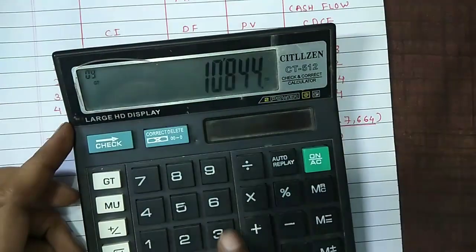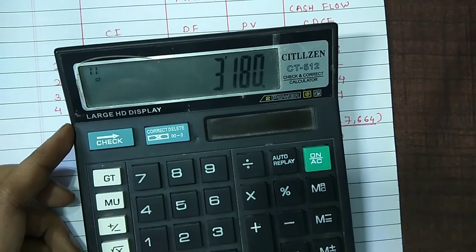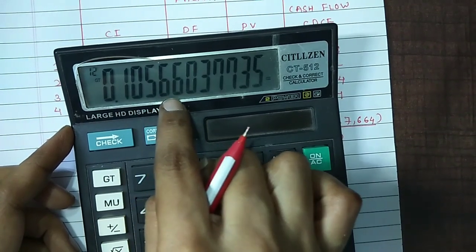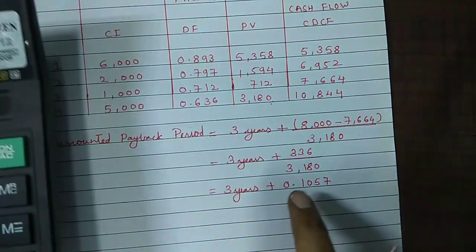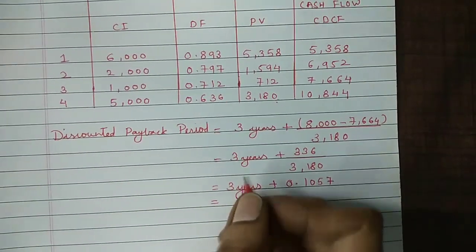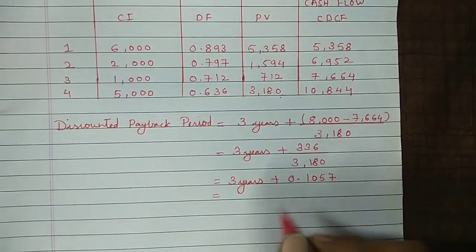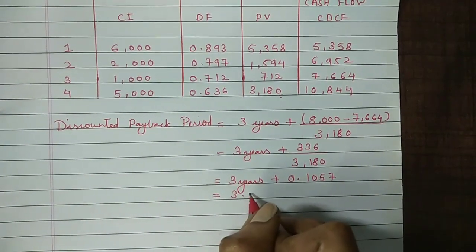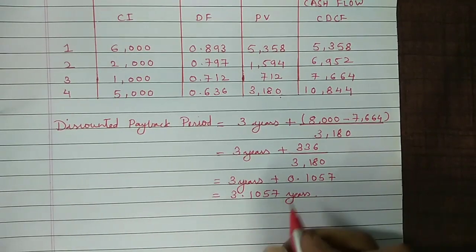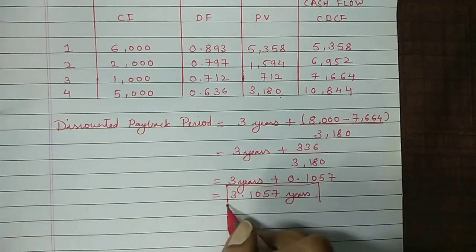This 336 divided by 3,180 is equal to 0.105666. So I'll just write it as 0.1057. So the payback period for this DCF Limited, if they want to invest in this particular project, is 3.1057 years. Now I'm going to prepare a box for this answer.